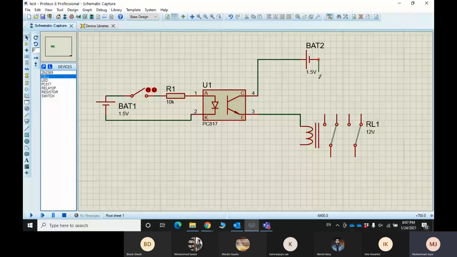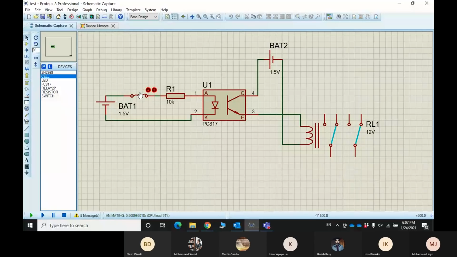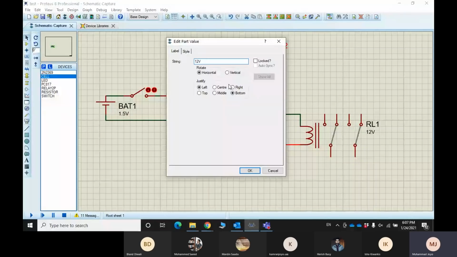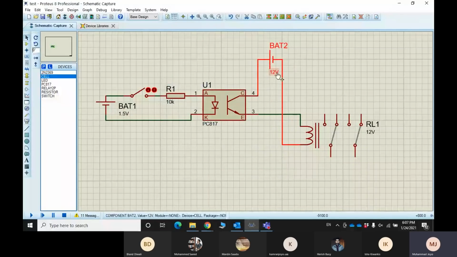Okay, so what happens when I turn on this LED? Oh, sorry, switch S1. Okay, it's not working. The reason is that I have provided 1.5 volts over here. The relay is basically working on 12 volts. So unless we provide 12 volts over here, it will not work.